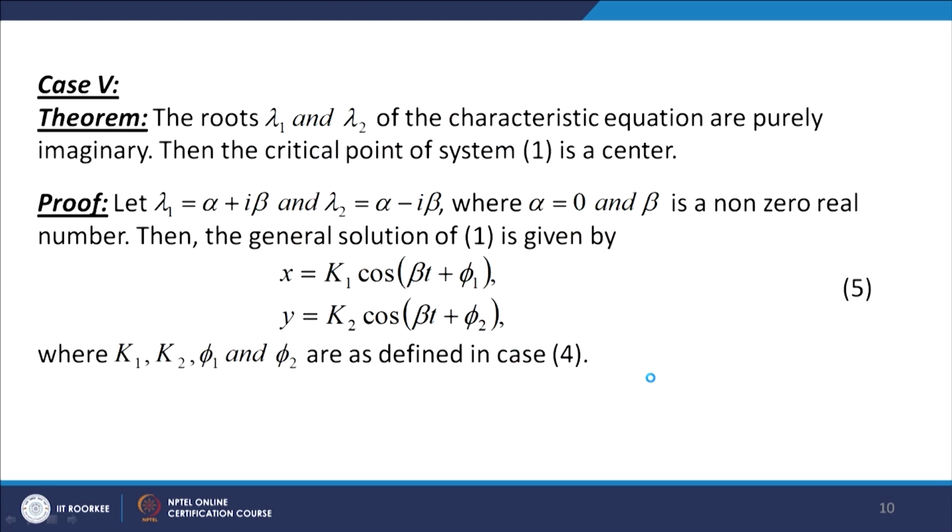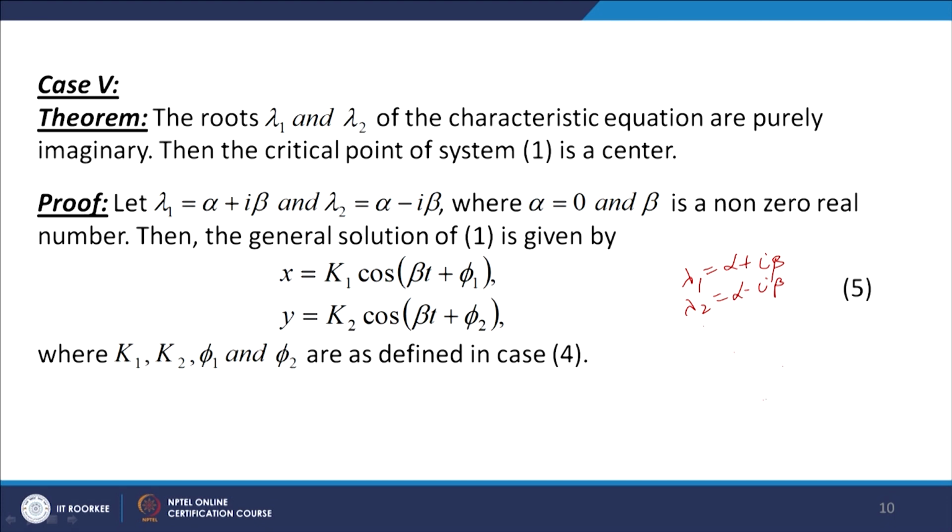Now, let us consider the next case, the last case. The roots lambda 1 and lambda 2 of the characteristic equation are purely imaginary. So here we will assume that lambda 1 and lambda 2 are purely imaginary, that is, their real part is 0. We had assumed lambda 1 to be alpha + i beta and lambda 2 to be alpha - i beta.